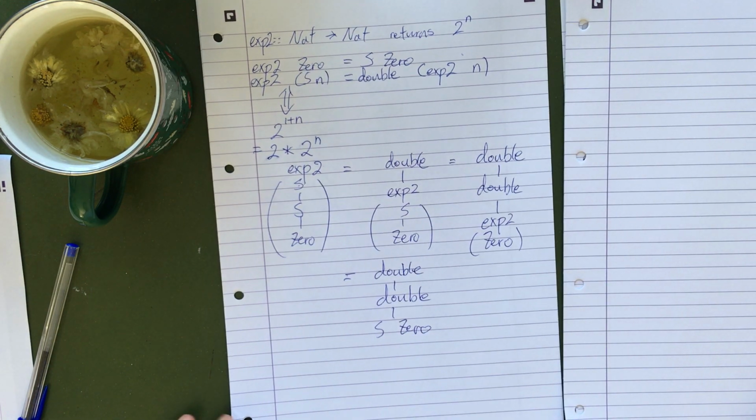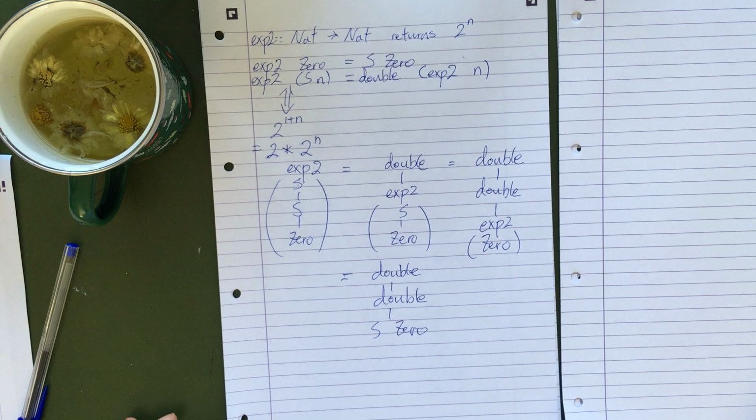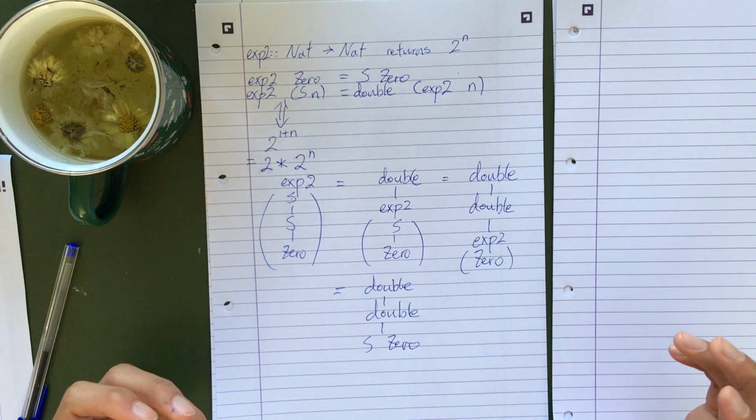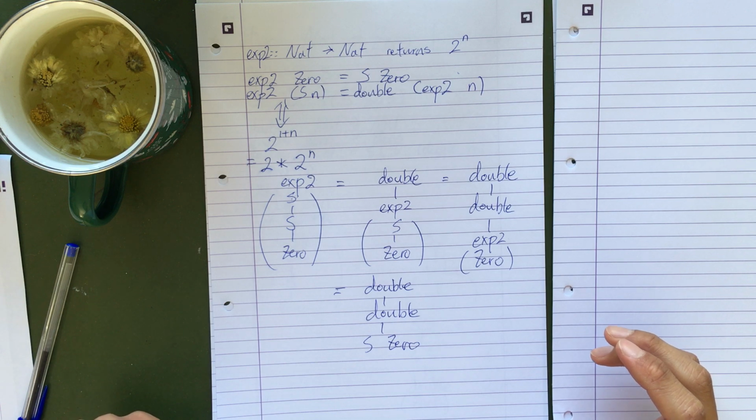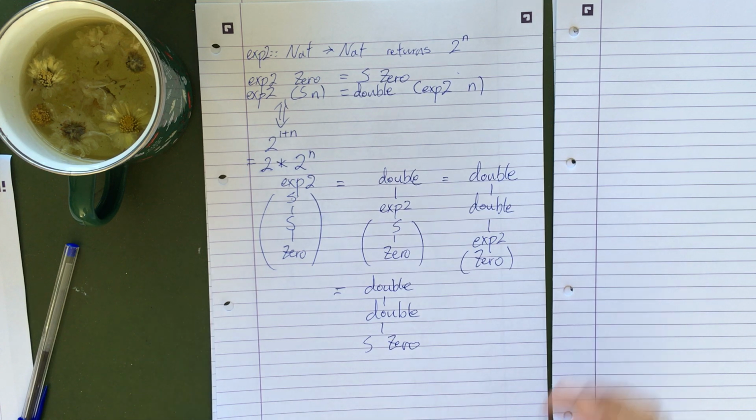So now we might think, okay, this natural way of writing functions inductively on natural numbers, our Peano numbers, seems to all have the same pattern of replacing s's with something else, replacing zeros with something else. I wonder if we could abstract it.